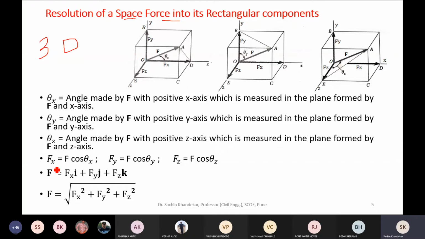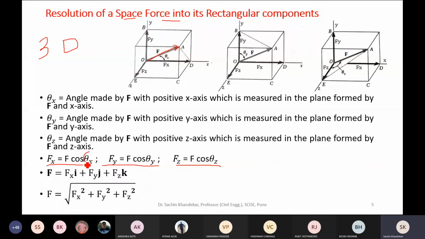We have seen that if OA is a force F, and F is the magnitude of that force vector, then the x component of the force, Fx, is equal to F cos theta x, the y component is F cos theta y, and the z component is F cos theta z.